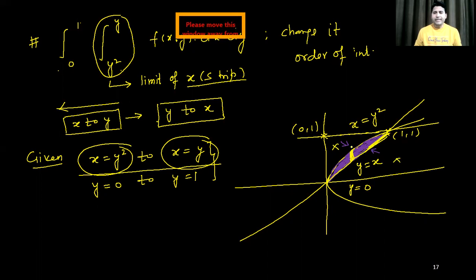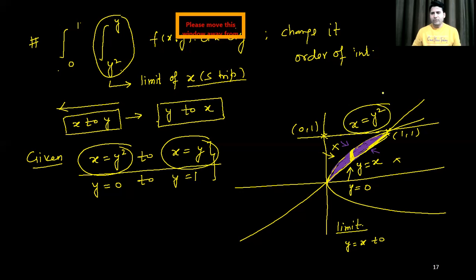Because they are not satisfying the limits of the given integral. It is x equals y square, that is the parabola, up to x equals y. Now we are taking a strip like this. So the limit of y starts from here and terminates on it. So what will be the limit? What is the value of y on this curve?